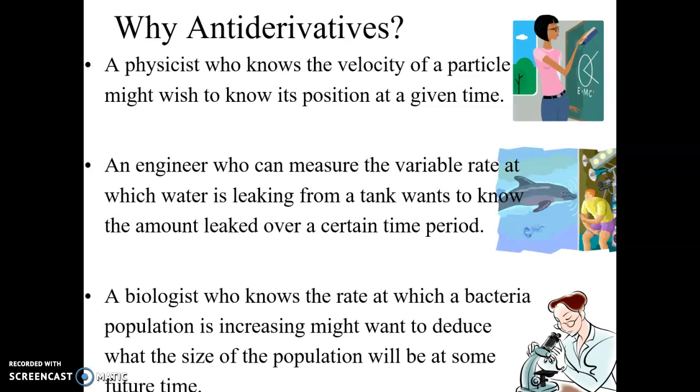So they used calculus and these ideas of antiderivatives to figure out about how much oil had leaked into the Gulf, and then made BP recover as much of that oil as they could.